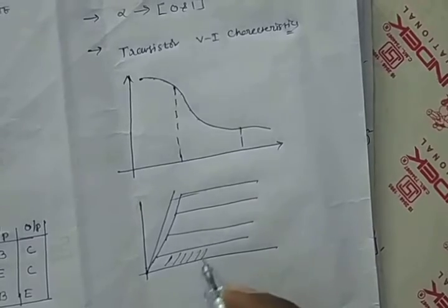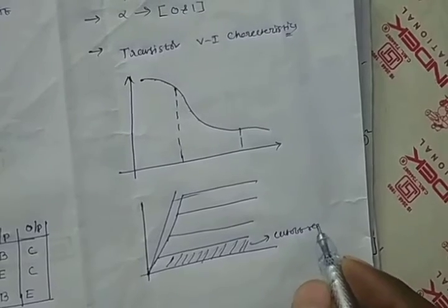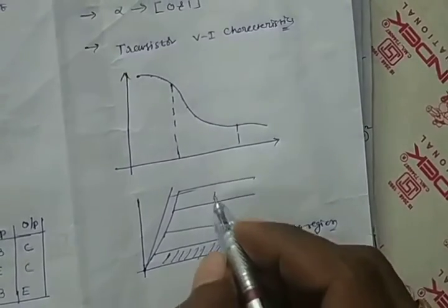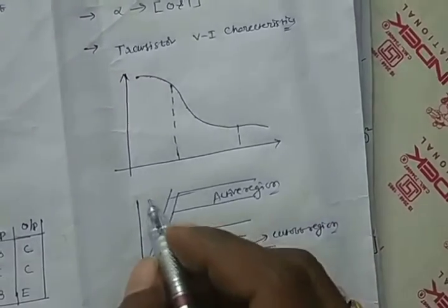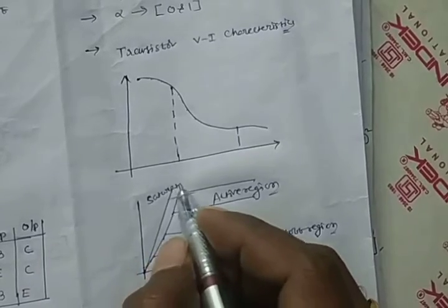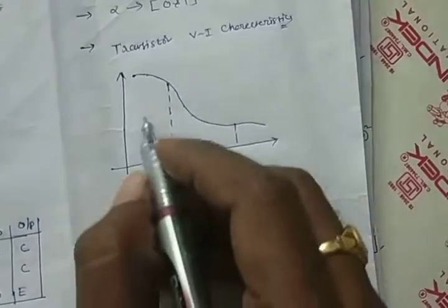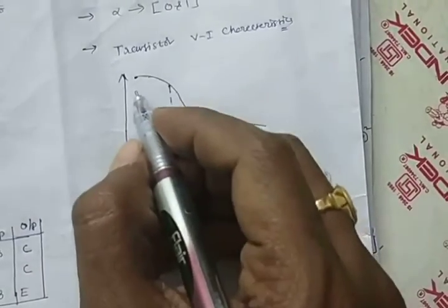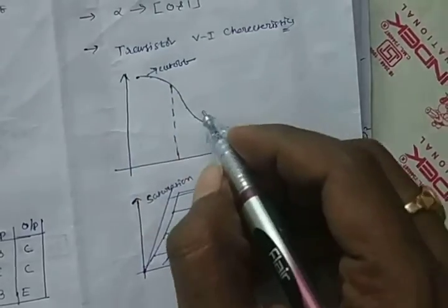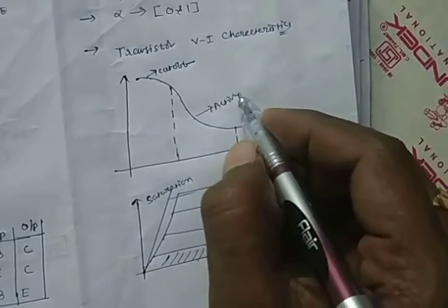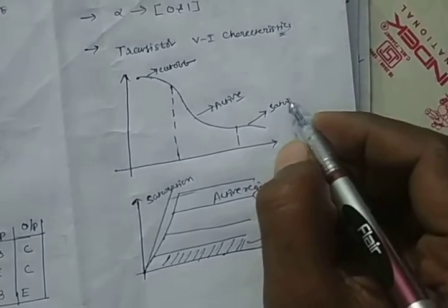Okay, this is called the cutoff region. This is called the active region. And this is called the saturation region. Saturation region. So this region is called cutoff region, this is the active region, and this is the saturation region.